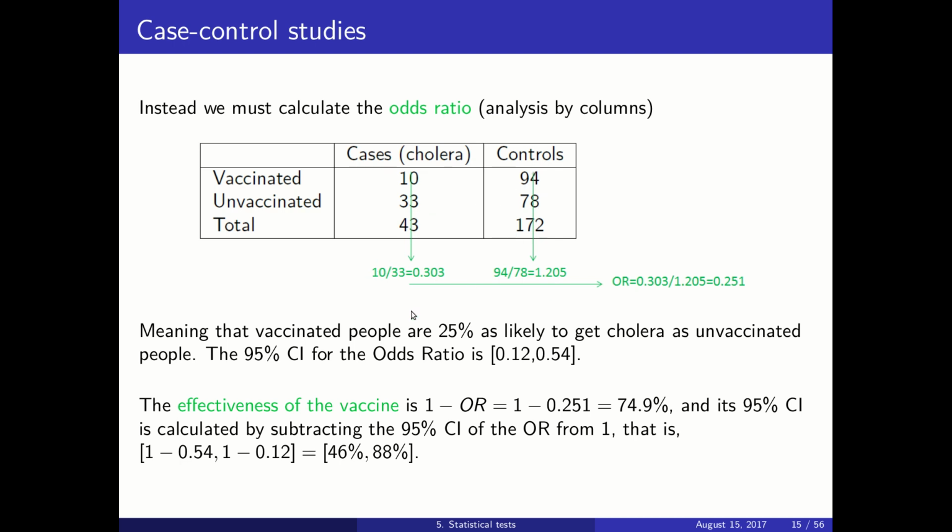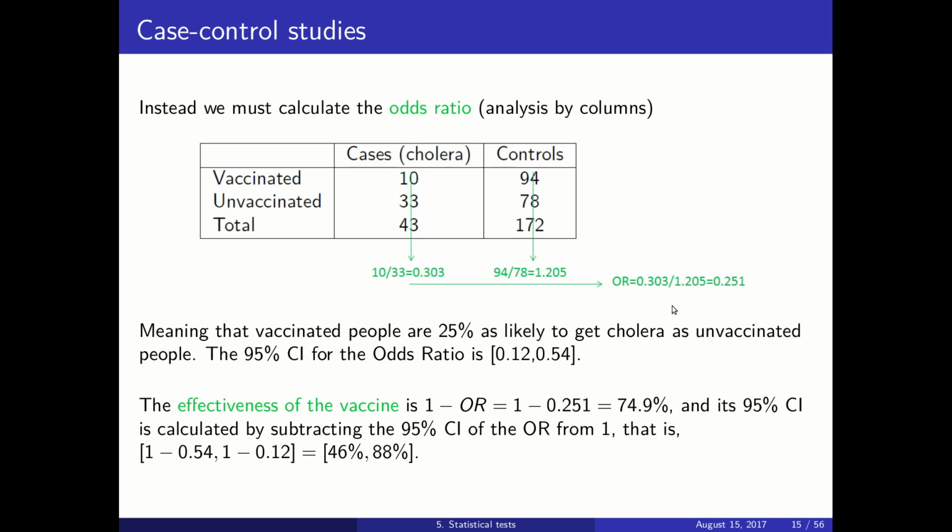Now you can compute the odds ratio. That is the ratio between these two numbers, that is 0.25. This ratio is called the odds ratio, and it means that vaccinated people are 25% as likely to get cholera as unvaccinated people.